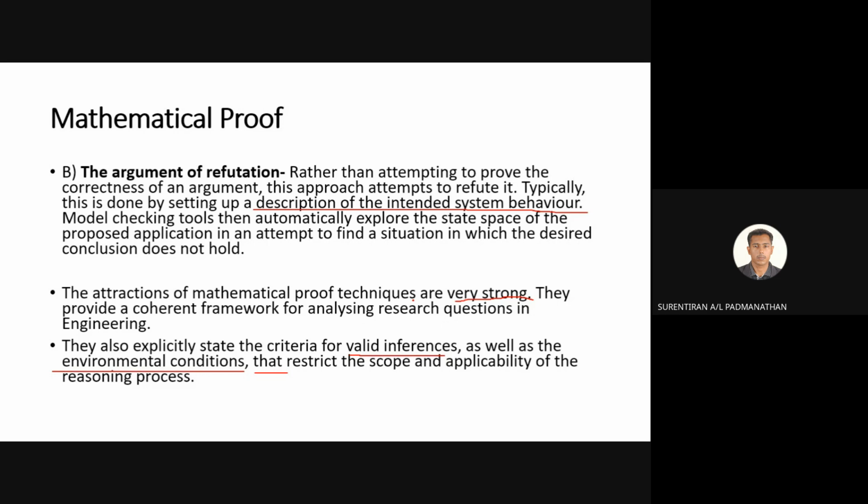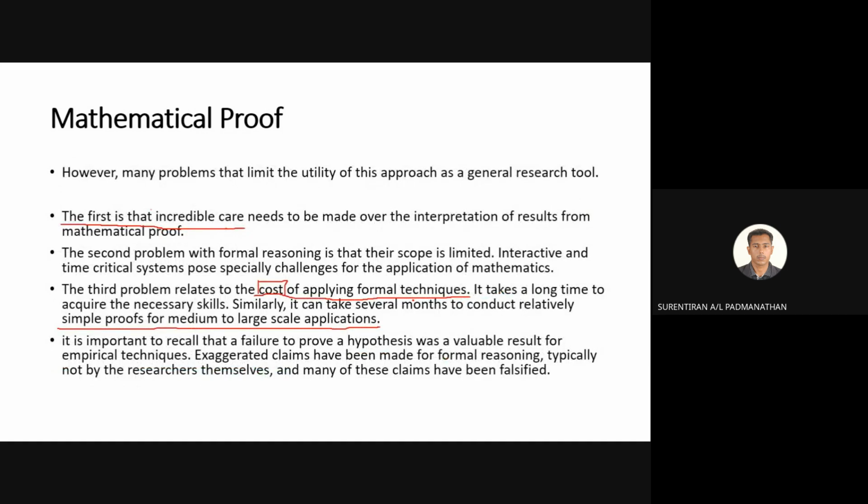They also explicitly state the criteria for valid inferences, as well as the environmental conditions that restrict the scope and applicability of the reasoning process. However, there are many problems that limit the utility of this approach as a general research tool.